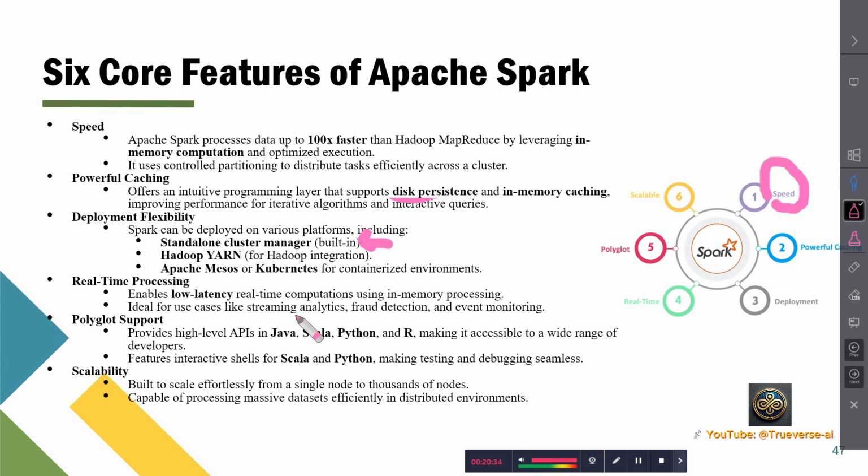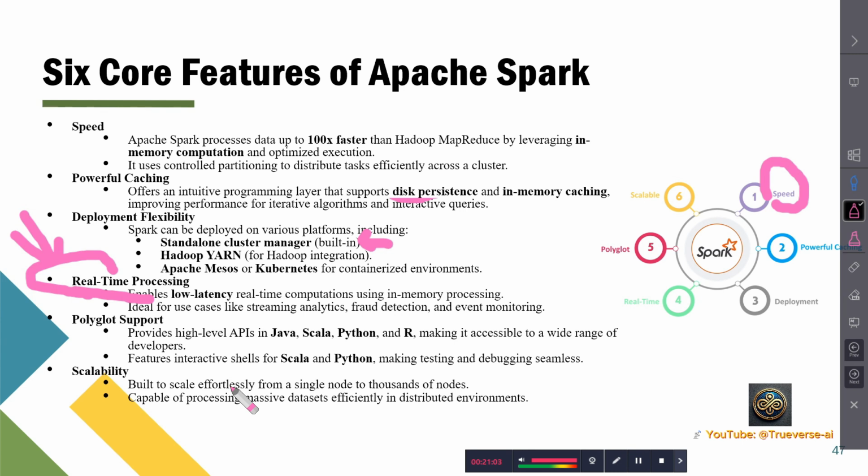Real-time processing: low latency, not true real-time. True real-time means processing very, very little change within a very short time. It has some problems, but basically Spark is good for real-time data processing.